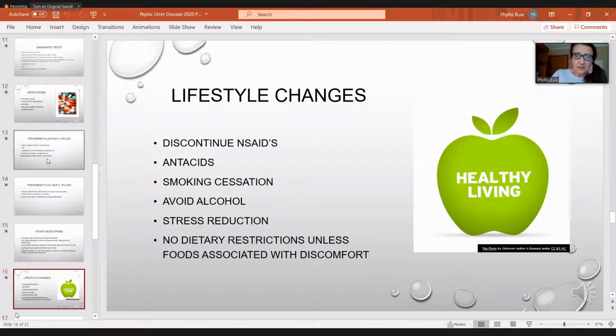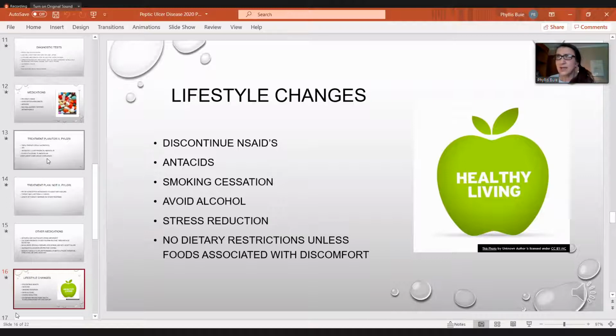Taking NSAIDs or antacids, smoking cessation, avoiding alcohol, trying to reduce stress and get out of nursing school as soon as possible, right? And then research has shown that there is no direct evidence that dietary restrictions make a big difference unless the food causes discomfort to each individual.